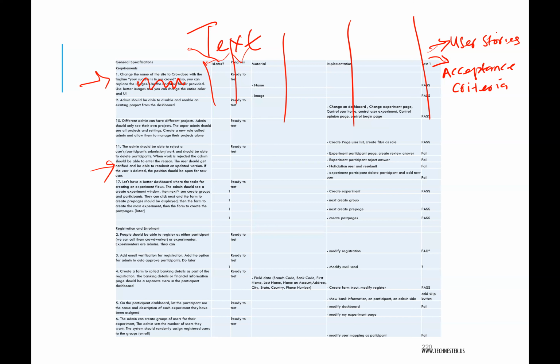So the textual format of writing requirements has not died. If anything, it is living and it is strong. But for the traditional model, which is what this one is, the textual format is going down, moving towards more agile representation or agile approaches.